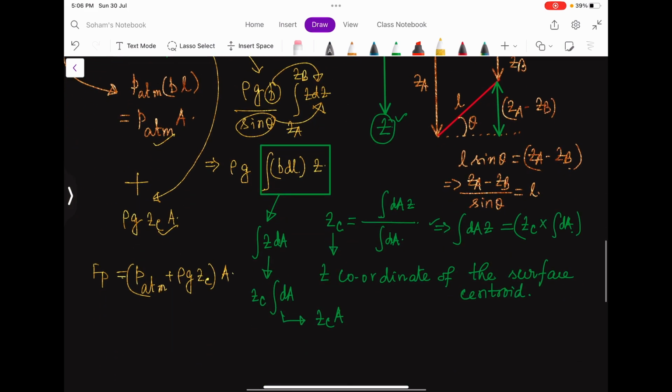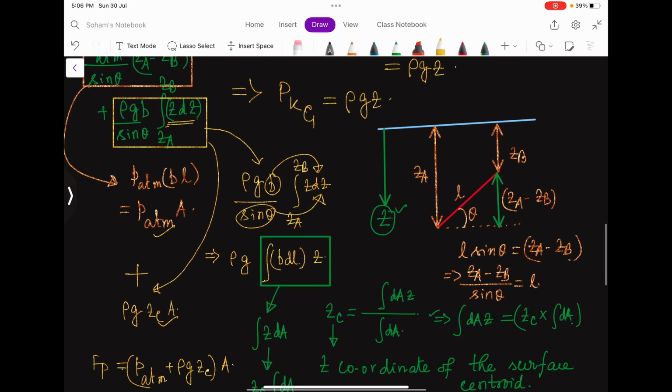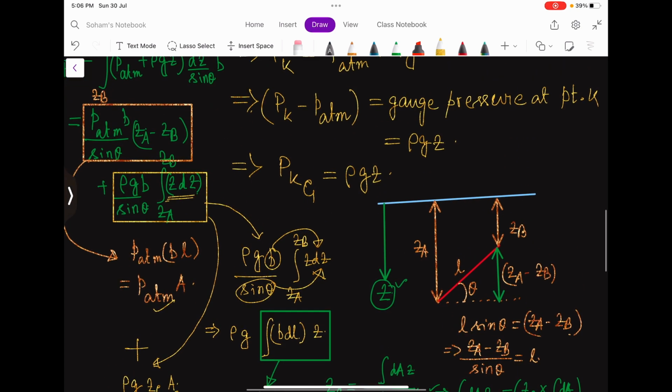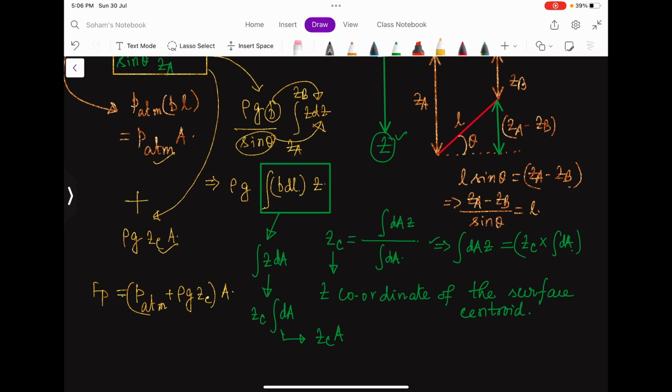If you directly integrate to get z square by 2 and put in the value of zc, then that will also give the same answer. If that is fine, now, so this is okay.